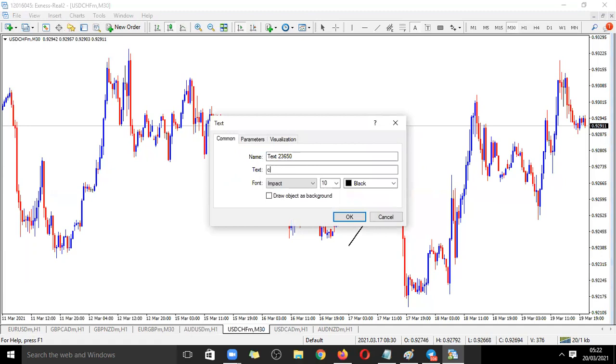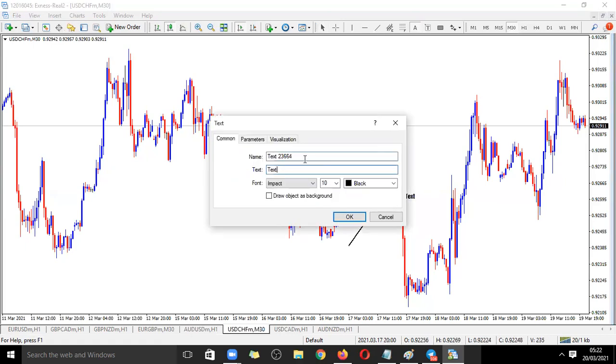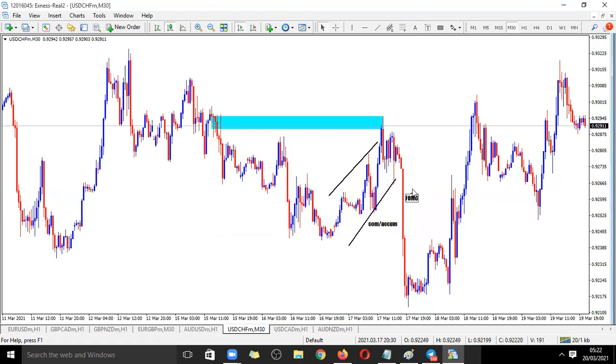So that's our compression stroke accumulation right there. Now just see how price reversed after the event. So this was a FOMC. I want you guys to appreciate this technique here, the compression technique.